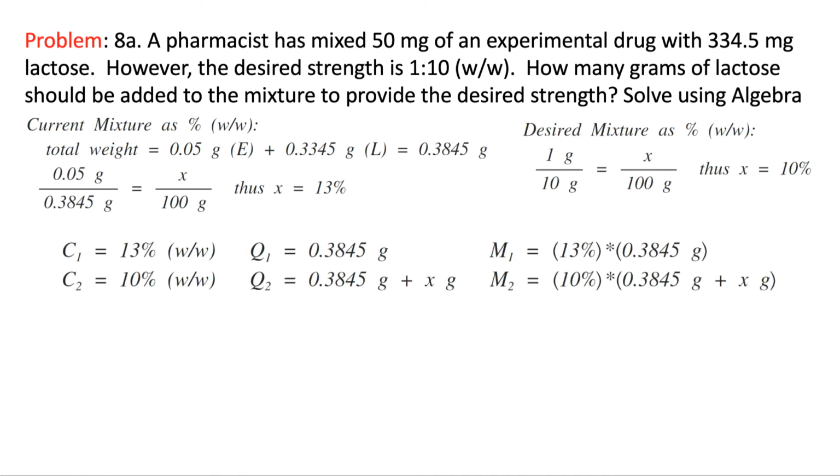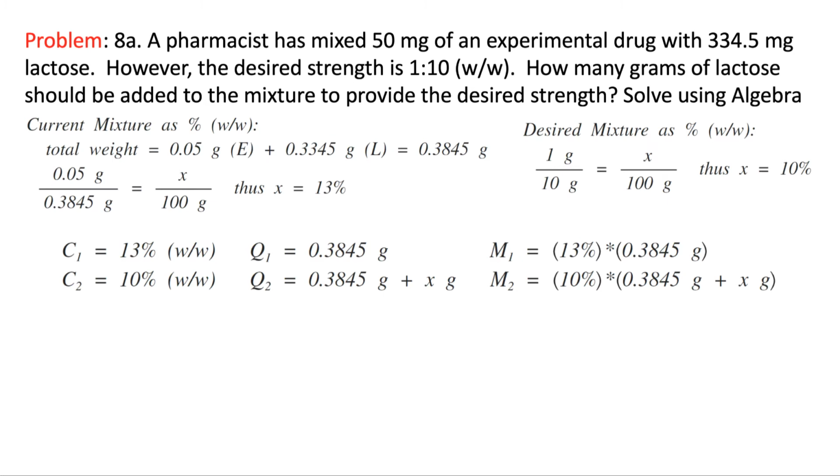So let's set up our C's and Q's. What do I have to begin with? I know that my current concentration is 13% weight per weight, and I know my total quantity. My total quantity I calculated to be 0.3845 grams. Then what is my C and Q going to be after adding the lactose?